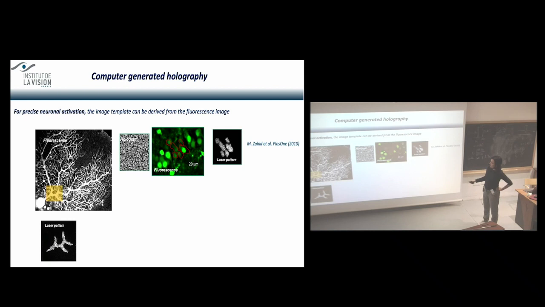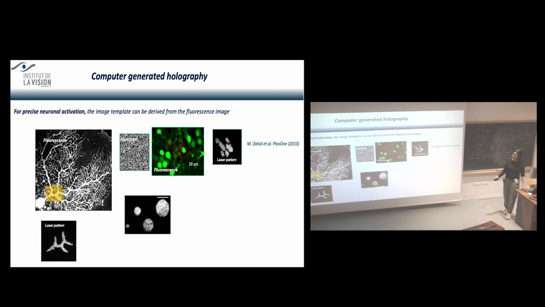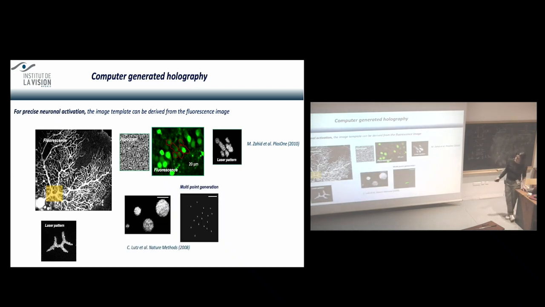You take this part of the image, you calculate the phase hologram, and when the light goes through, it creates this illumination spot, which is no longer the small spot that we use in two-photon imaging, but is now a shaped distribution of light. And obviously, you can also simply create a disk, or multiple points. We will come to this point later on.